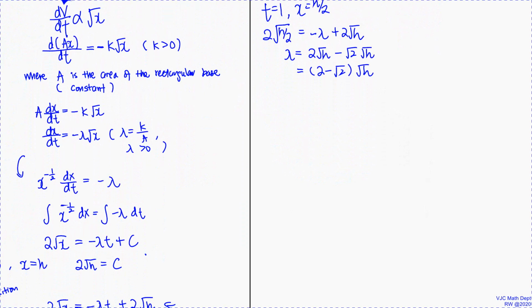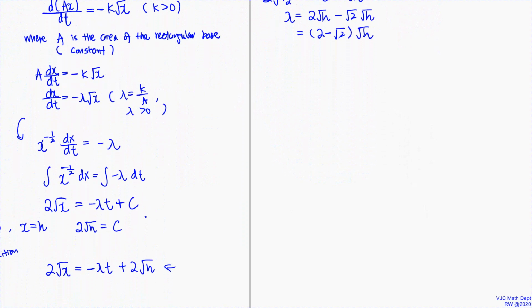Very useful now. If you found that lambda is in terms of h, now we are short of one variable. Okay? Everything now is in terms of lambda here. So you get 2 root x equals to minus lambda t. Sorry, my lambda can go. Minus 2 minus root 2 root h t plus 2 root h.